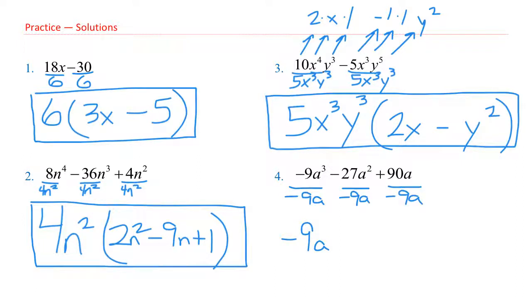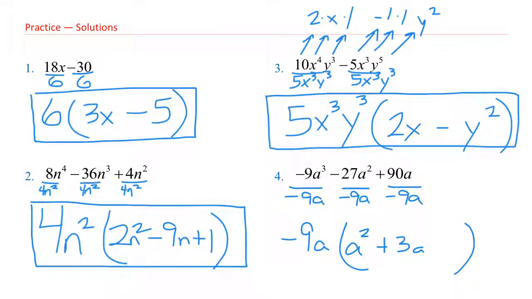Now that I have the GCF, let's divide each of the original terms by the GCF, and then we'll write the resulting terms in parentheses in our factored expression. Negative 9a to the third divided by negative 9a gives us positive a squared. Negative 27a squared divided by negative 9a gives us positive 3a.